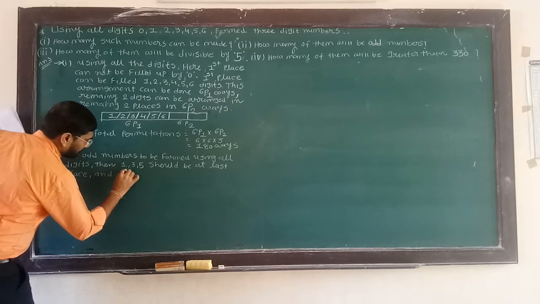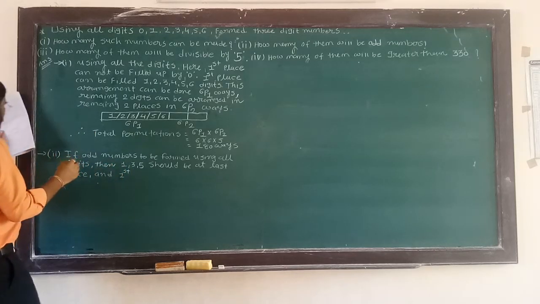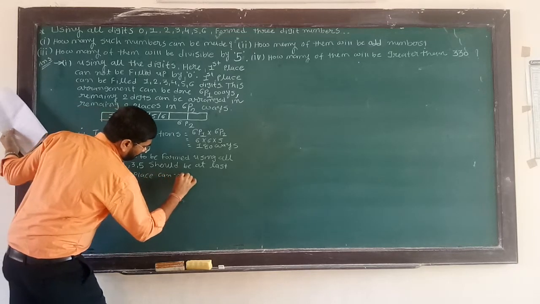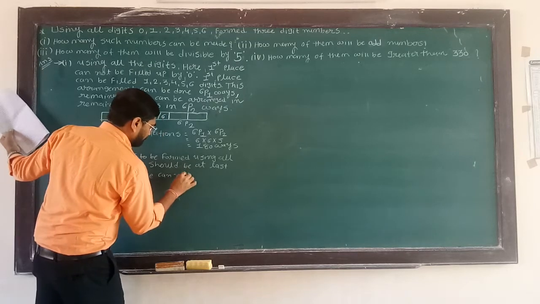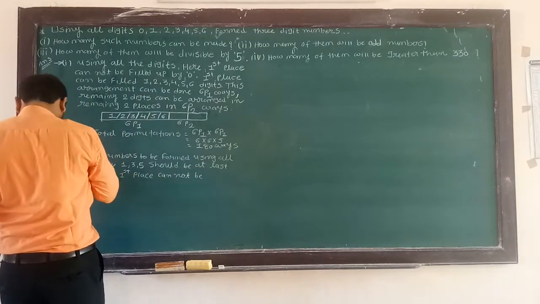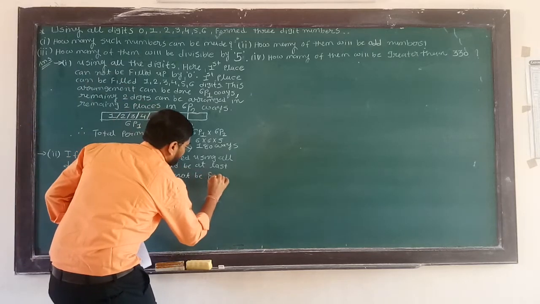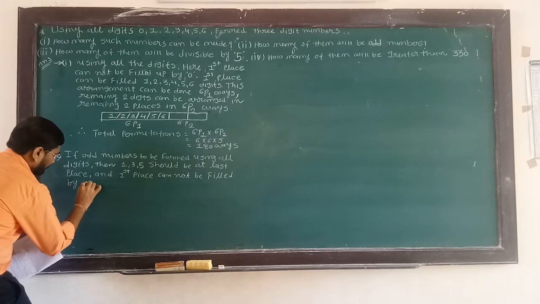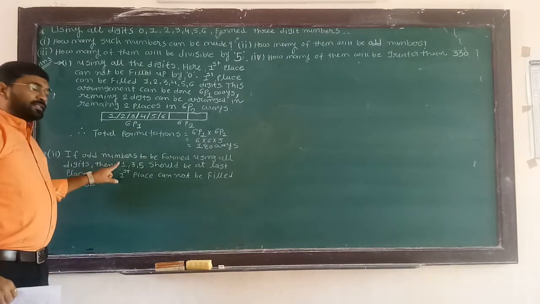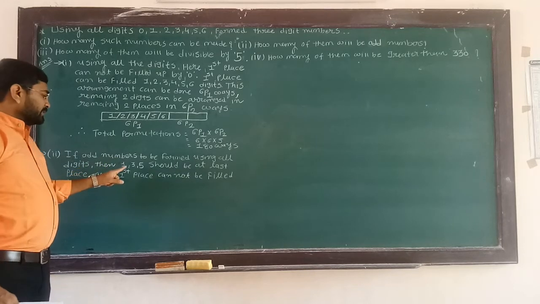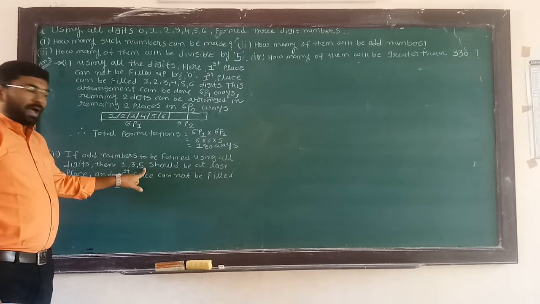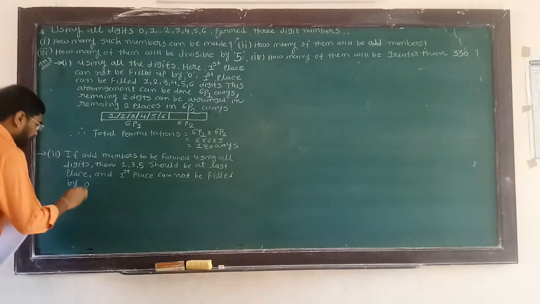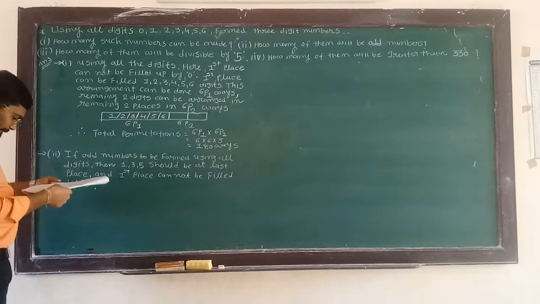And the first place cannot be filled with 0. See the students, in the first condition the last place is put with 1, 3 or 5, and in the second condition the first place is not filled with 0.